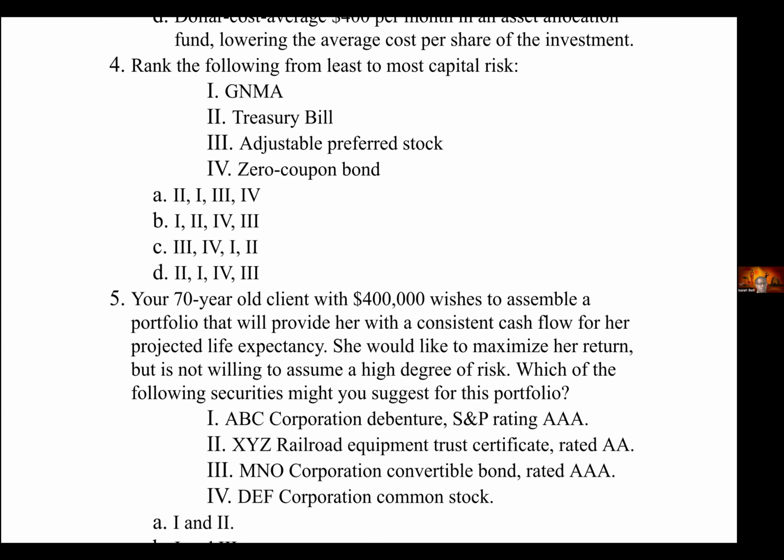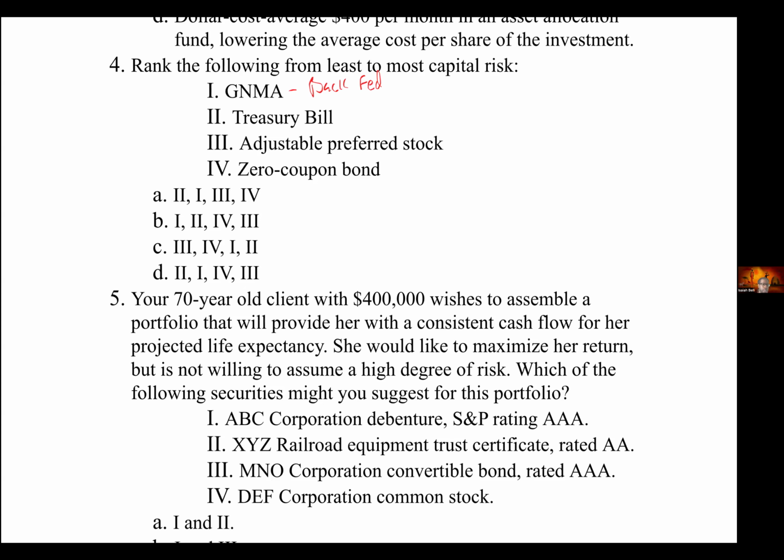Number 4, rank the following from least to most capital risk. So we've got Ginnie Mae, GNMA, a treasury bill, adjustable preferred stock, and zero coupon bonds. Ginnie Mae is not a federal security, but it is backed by the feds.